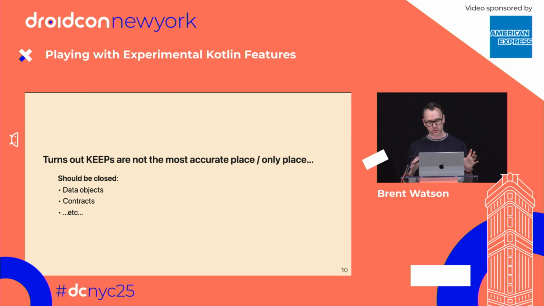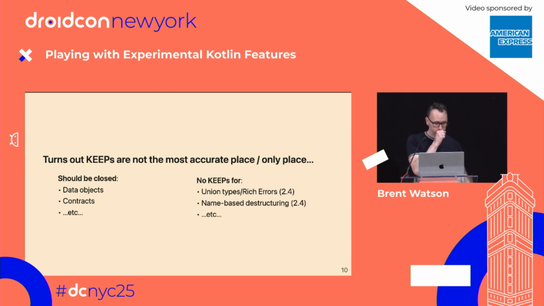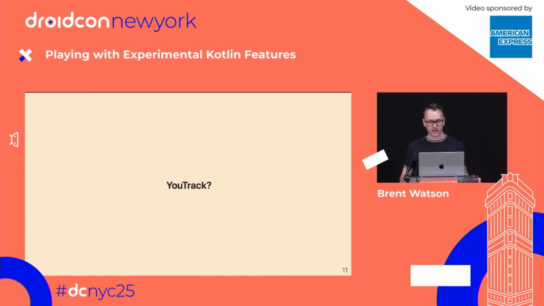There's a bunch of things that should probably be closed that are in the language. There's also language features that have been discussed publicly that don't have a KEEP, like rich errors and name-based destructuring, which they talked about even in the keynote at KotlinConf this year.